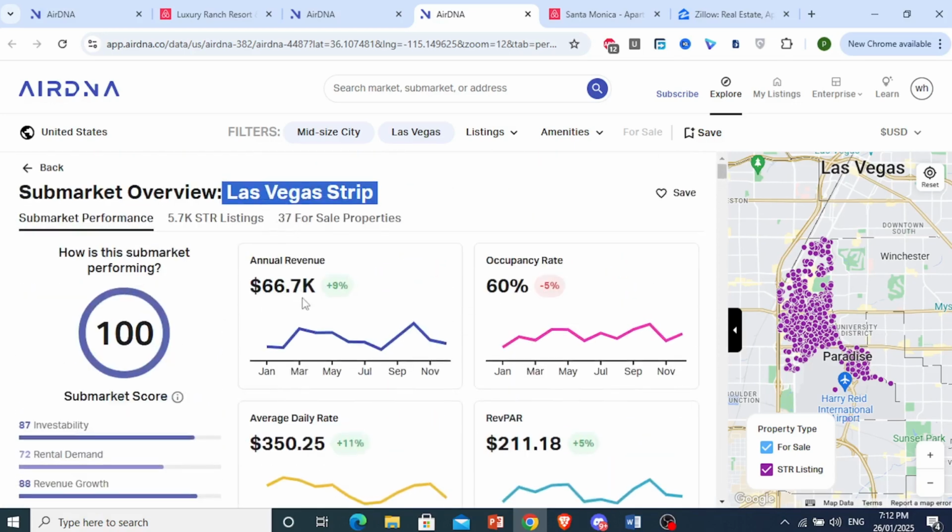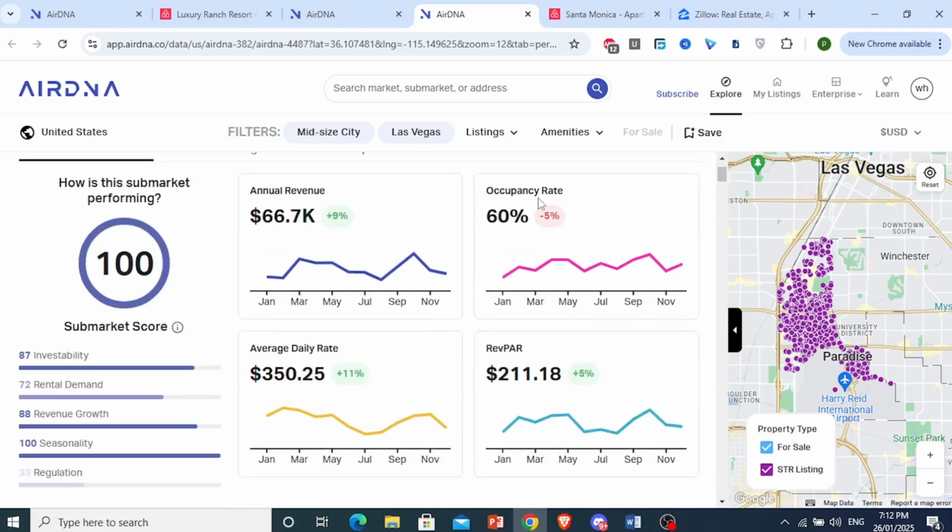Now let's look at the average annual revenue you're expected to have. So in this market, properties tend to generate about $66,700 on average. The occupancy rate basically means that properties in this market tend to be occupied about 60% of the time.